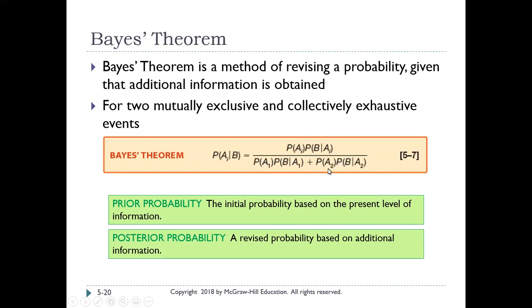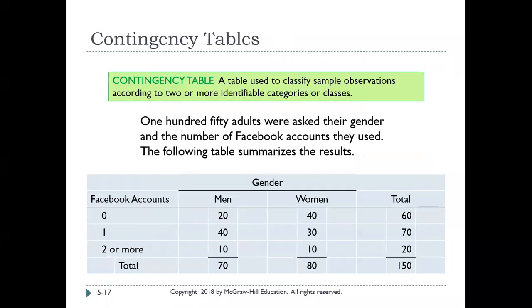Now for this next one, we have to figure out what's the probability of being not female, in other words, male, and the probability of no Facebook given male. So the same exact exercise. What's the probability of being male? It's going to be 70 out of 150. And the probability of no Facebook given male is going to be 20 out of 70.